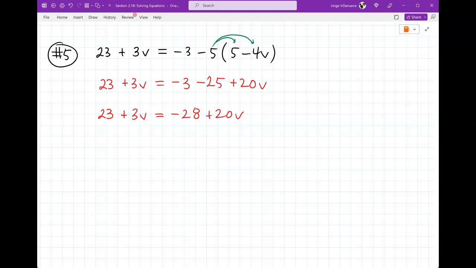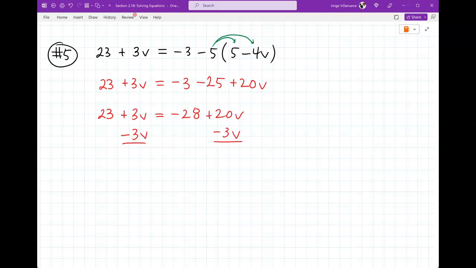So I don't want to bring out negatives if I don't have to, okay? It's not that it's wrong, it's just not my preference. So I'm going to subtract 3v on both sides. Again, you do it however it makes you feel most comfortable. But I always teach my Math 1A kids to always move the smaller valued variable.